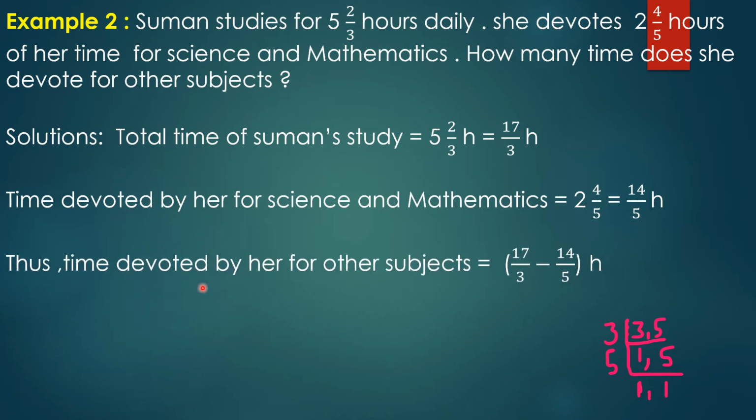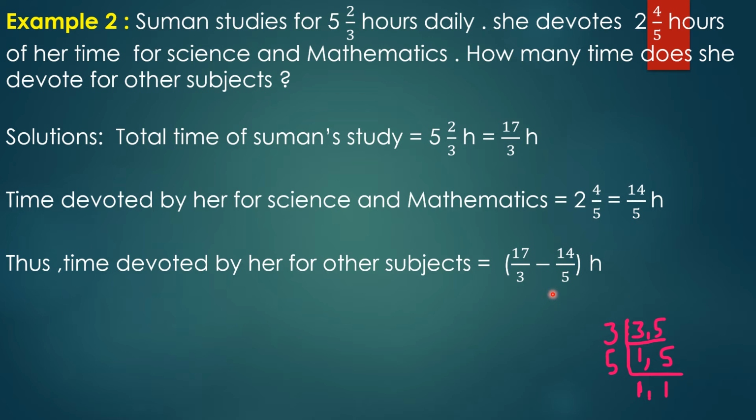Thus, the time devoted by her for other subjects. For other subjects, we have to subtract the time given for science and mathematics from the total time spent every day. 17/3 minus 14/5. Now, these two fractions are under subtraction.